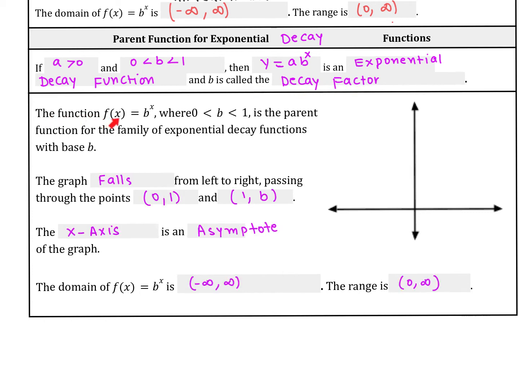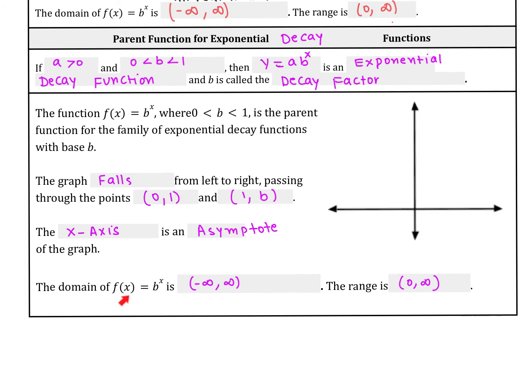The function f of x equals b to the power x, where b is greater than 0 and less than 1, is the parent function for the family of exponential decay functions with base b. The graph falls from left to right, passing through the points 0, 1 and 1, b. The x-axis, which is this line, is an asymptote of the graph.